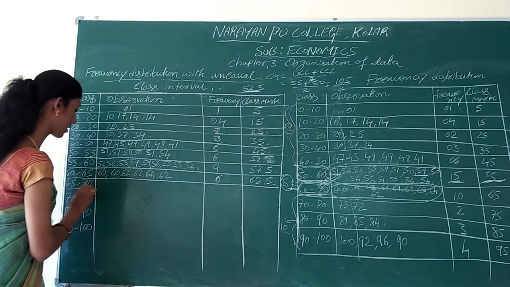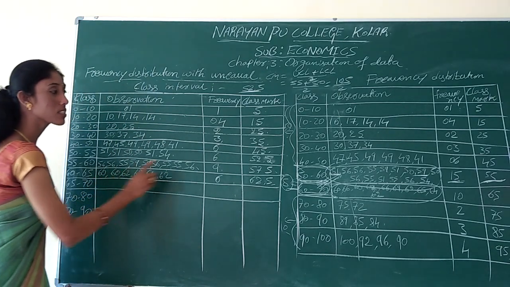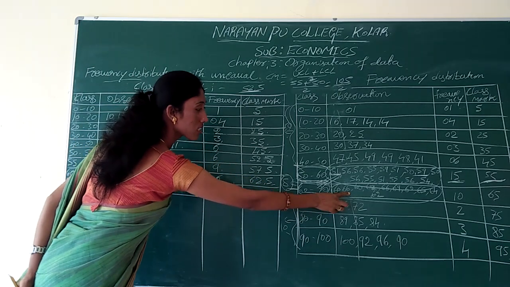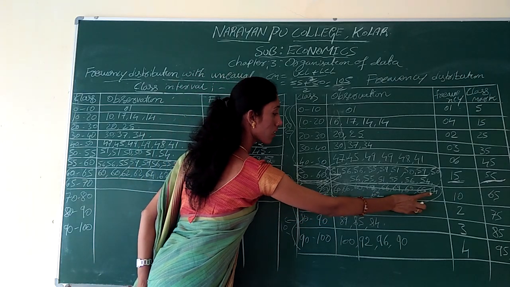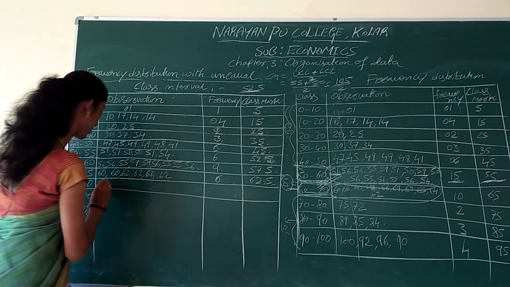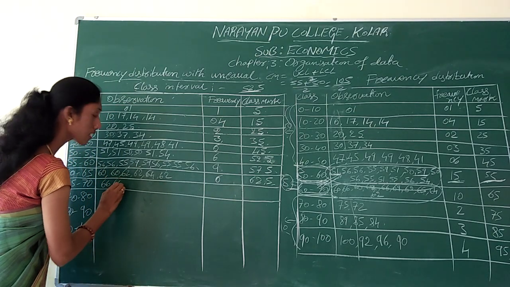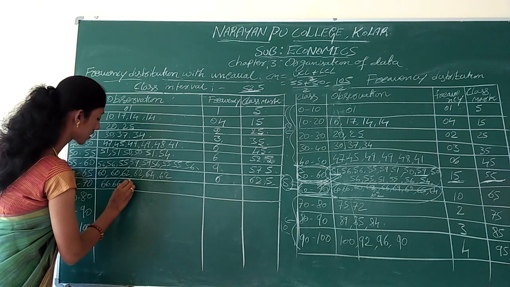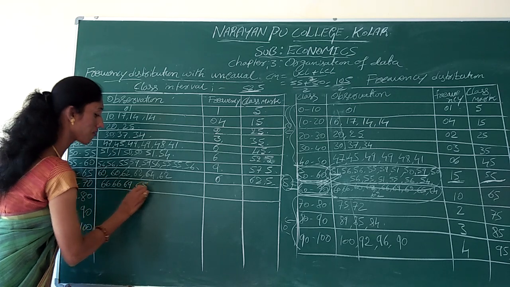Then next 65 to 70. Here between 65 to 70: 66, 66, 69, 65.